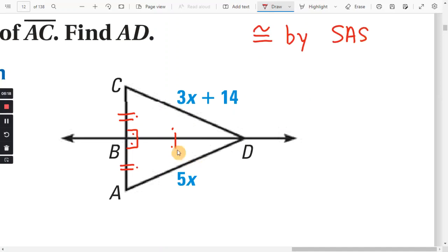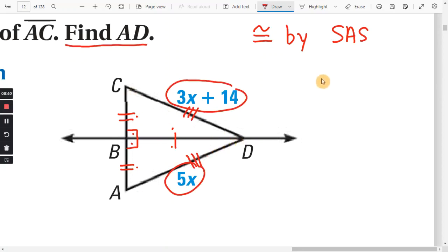All right, and since these two triangles are congruent, I know that this side here is congruent to that side there. They wanted us to find AD, but first we have to find x. If these two sides are congruent, we can just set them equal to each other. So AD equals CD, equal length.